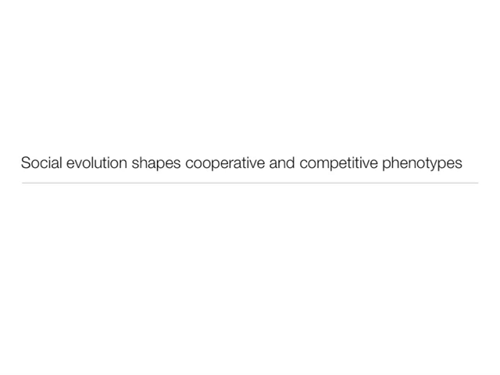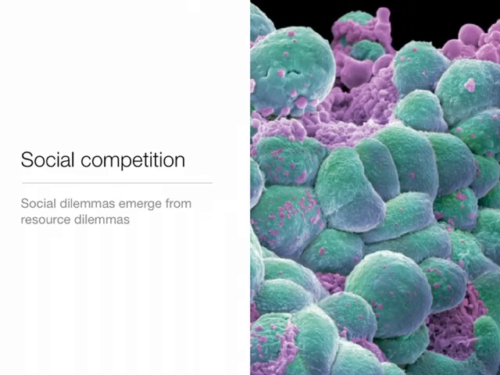Probably not, but there's certainly some parallels there. So we're talking about more general principles that can apply not just to multicellular entities, but potentially to other entities that may be unicellular, but have some aggregate phenotype that can get disrupted. So bottom line is that the process of social evolution can shape cooperative and competitive phenotypes.